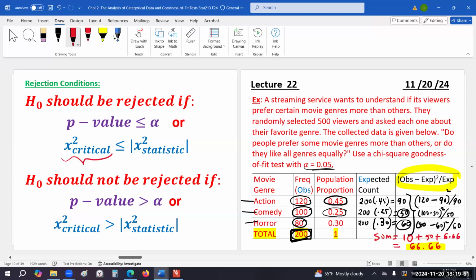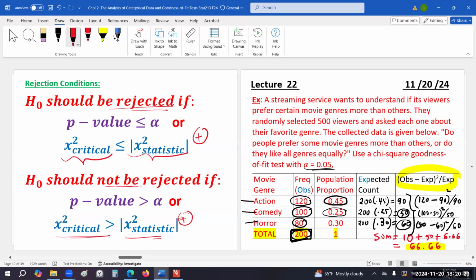If critical is smaller or equal than the statistic, and for the statistic we ignore the minus sign, then we reject the null. But if critical is bigger than the statistic, the plus sign of the statistic, then we fail to reject. That's true for any type of hypothesis test.